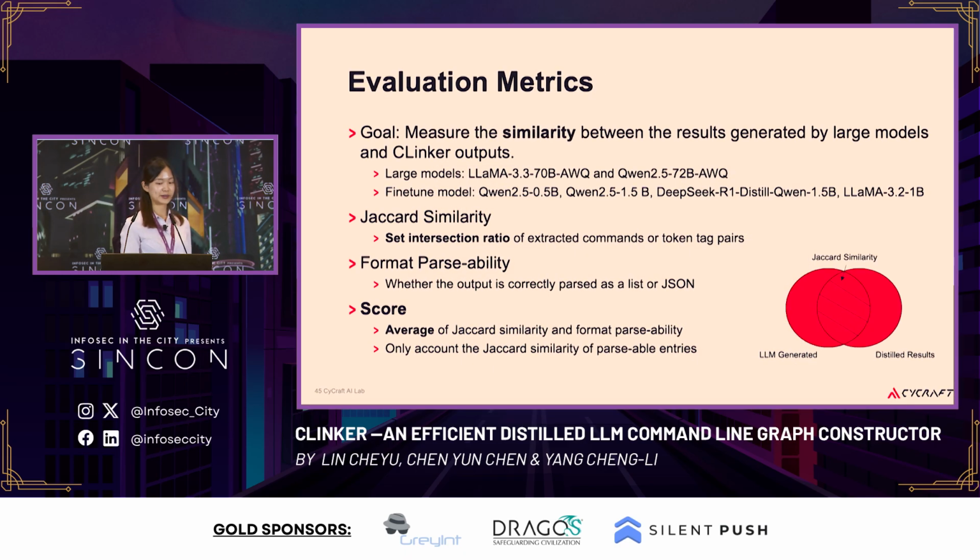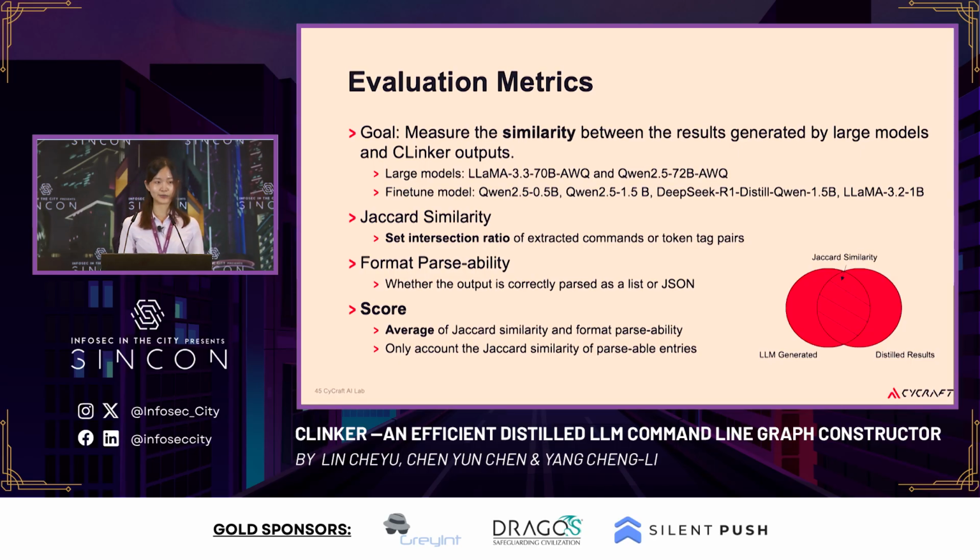And now let's talk about how we evaluate our models. The goal here is to measure how similar the results generated by our fine-tuned models are to those from the LLMs. The models we chose for LLMs and small LLMs are listed here. And to measure similarity, we mainly use Jaccard similarity, which is the ratio of overlap between the predicted and target sets of extracted commands or token tag pairs.